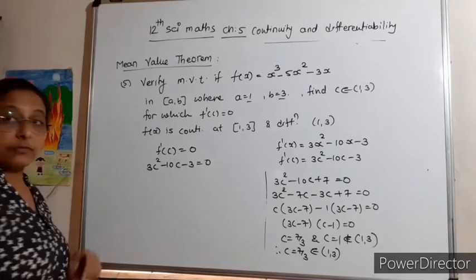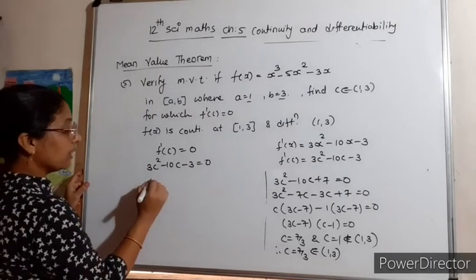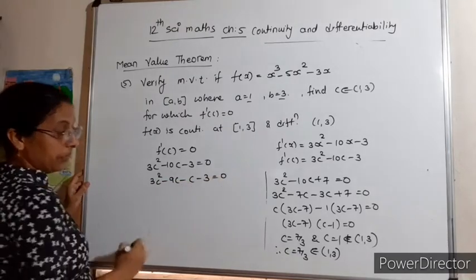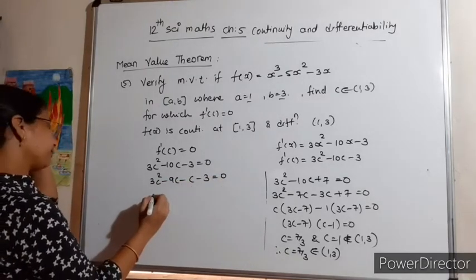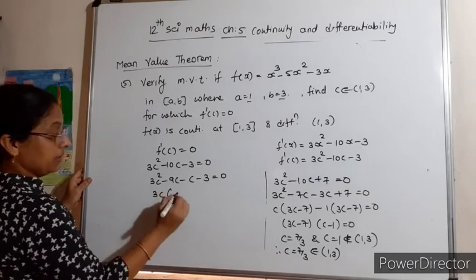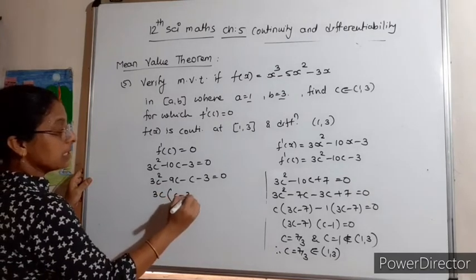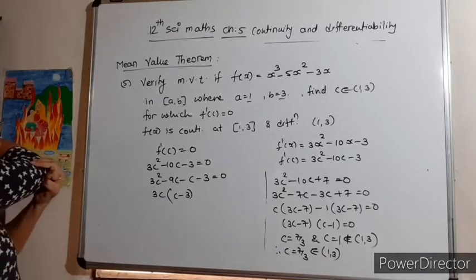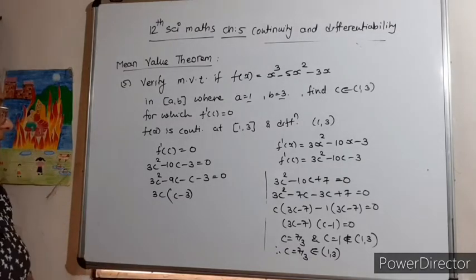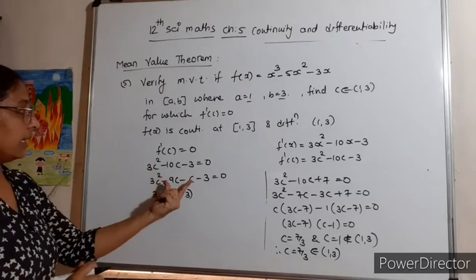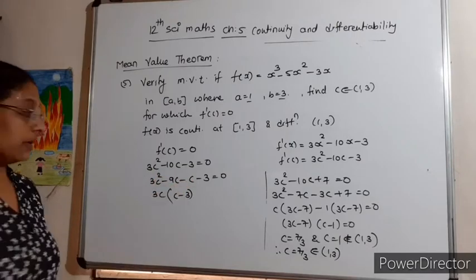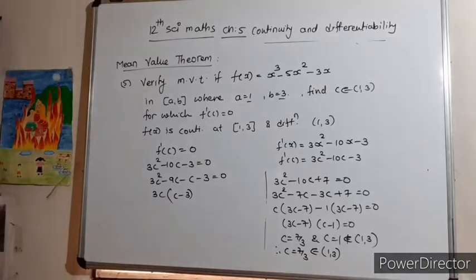Here again you have to factorize it. 3c square minus 9c minus c, 3c common, c minus 3... 3 3s are 9 and 9, is it minus? So it is not possible. क्यों? क्योंकि उसकी factorization नहीं होगी.